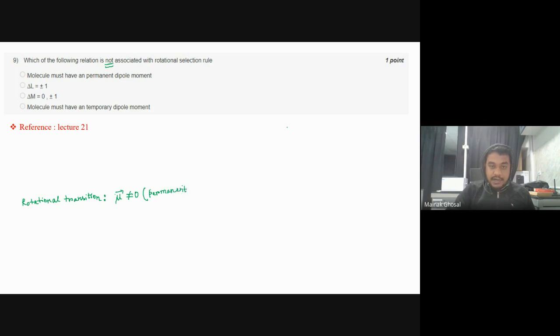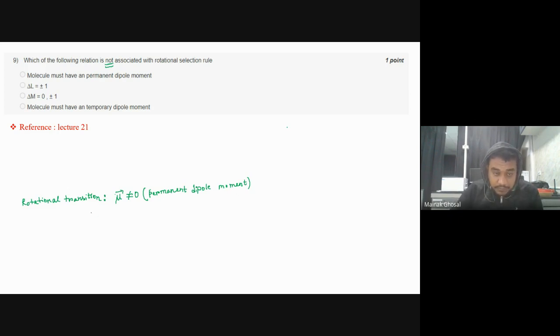What is meant by that? The dipole moment is not changing with time. So this is the very first condition for a rotational transition to happen: your mu should not be equal to zero. Why should it not be equal to zero?